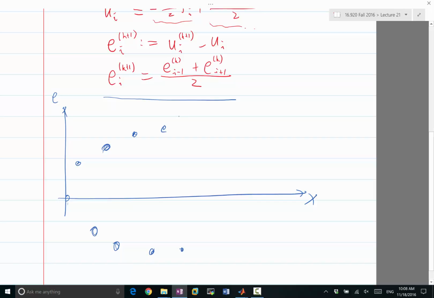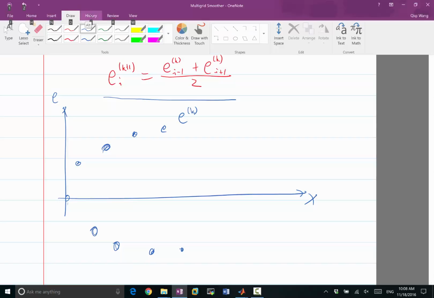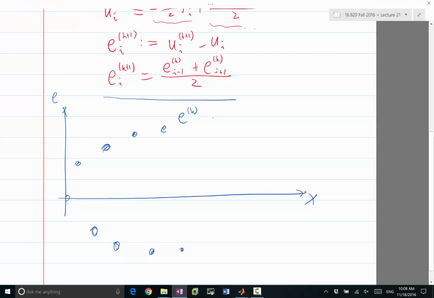So let's say this is ek, and I use another color to denote ek plus 1. What is going to be ek plus 1 for the second grid point? It's going to be the average between these two, right?